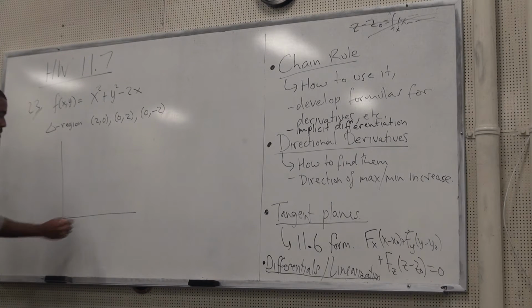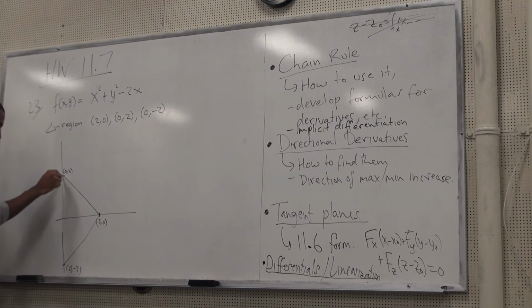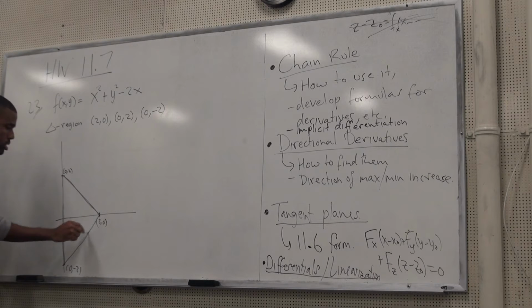Okay, so I have (2, 0), which is here. I have (0, 2), which is here, and (0, negative 2). So that would be my region D.